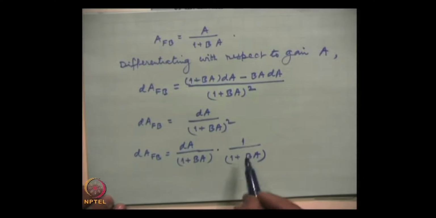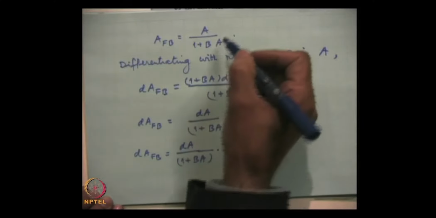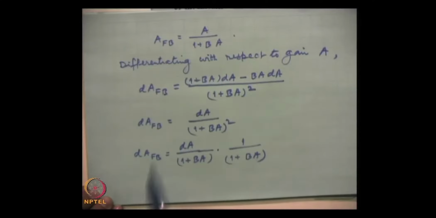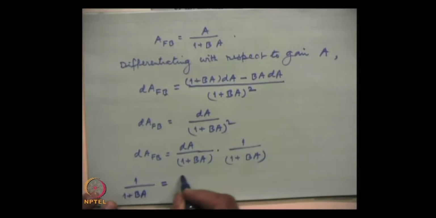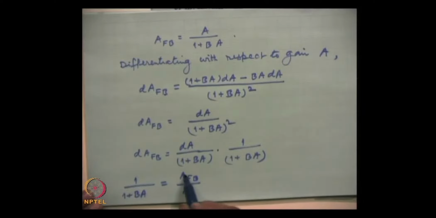And for this 1 by 1 plus BA, from the fundamental relation we can write AFB by A.